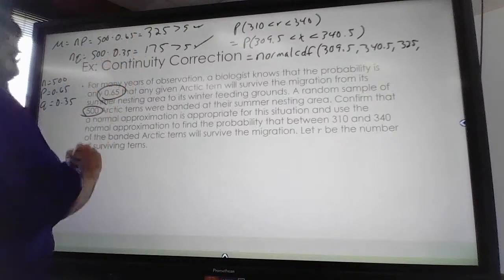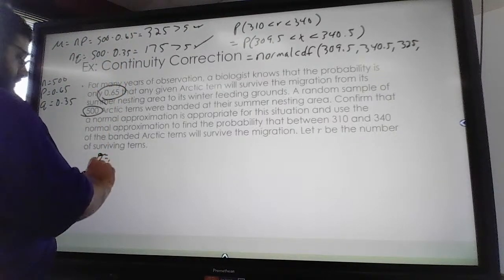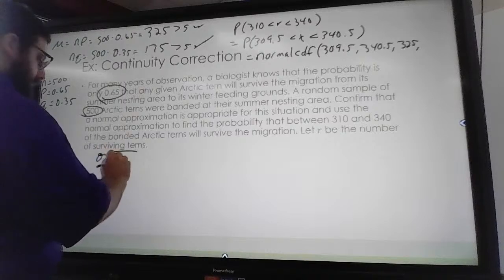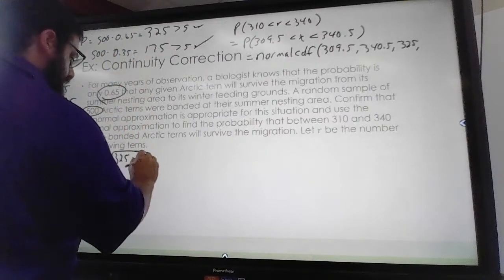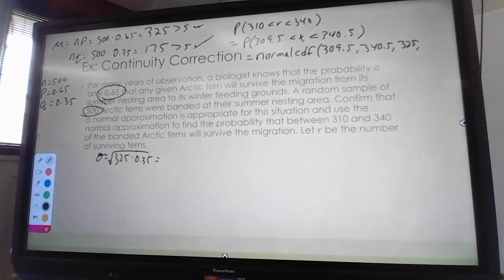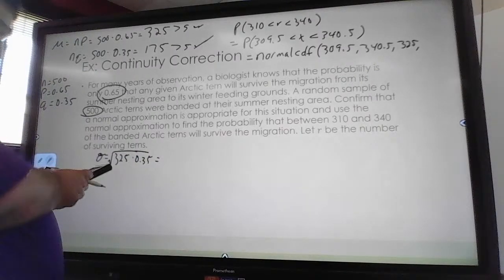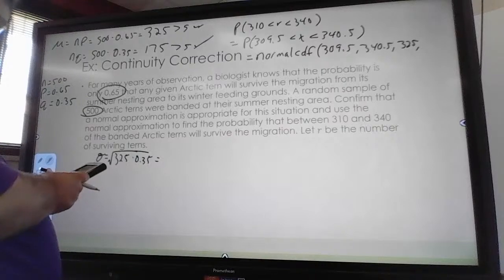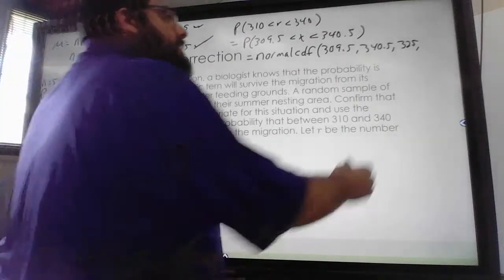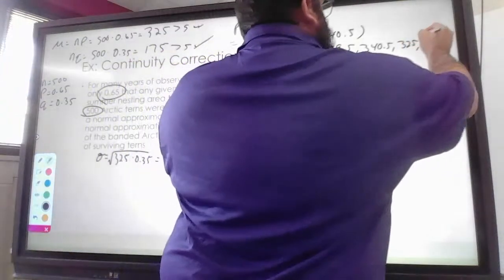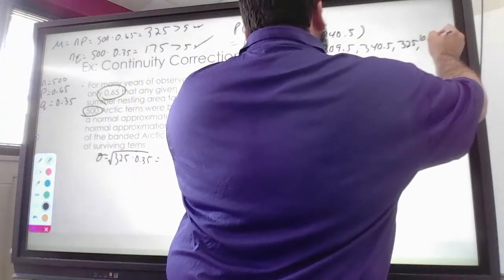We've already found np, so it's the square root of 325 times 0.35. We're going to round that to 4 decimal places. That is 10.6654.